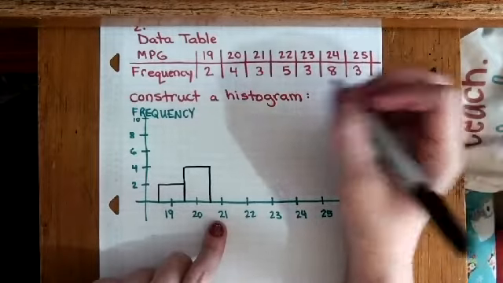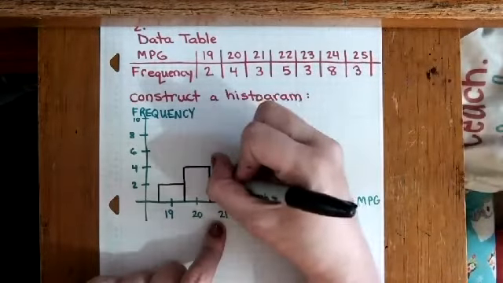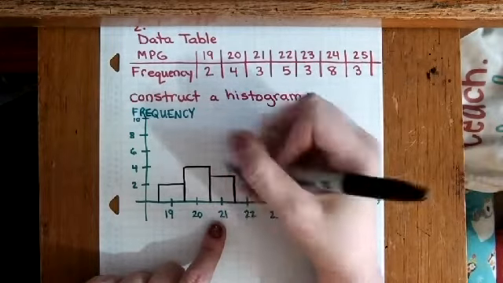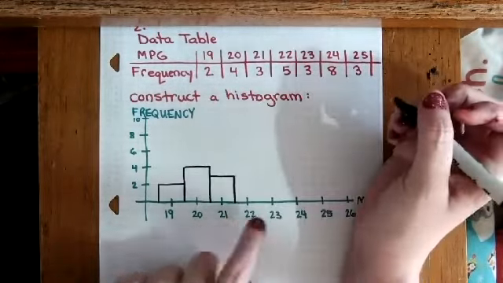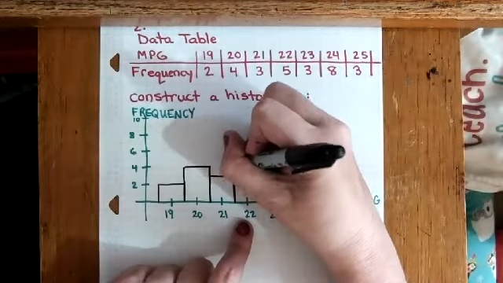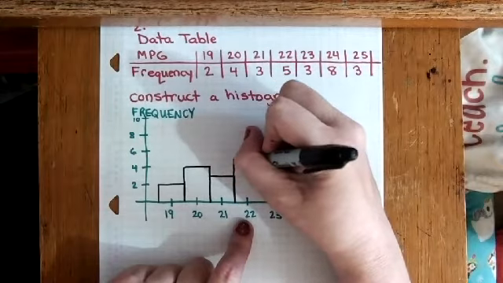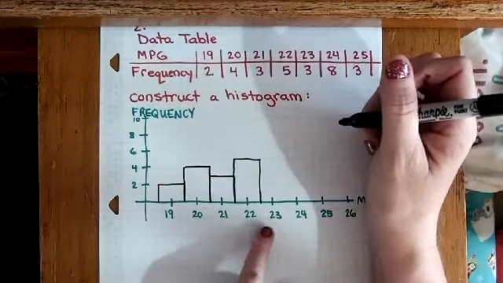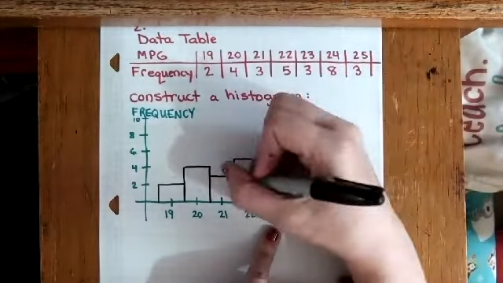On the 21, we have a bar of height 3. The 22 goes up to the 5. At the 23, we're back to the 3.